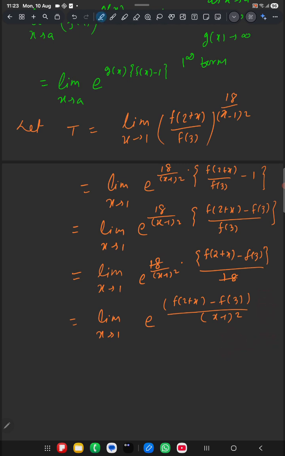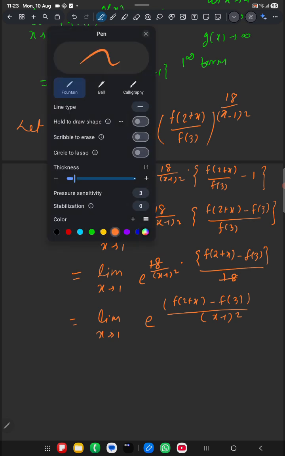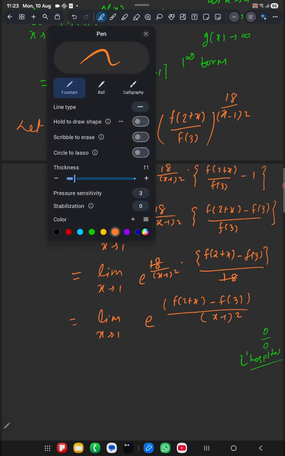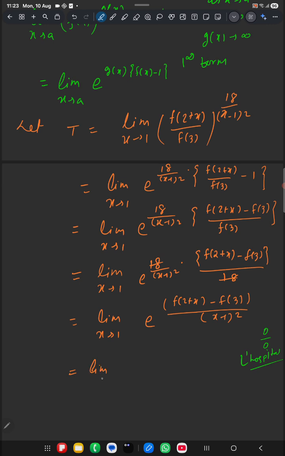So we will apply the L'Hopital rule. So it is equal to limit x tends to 1, e raised to the power f dash of 2 plus x, minus f of 3, which is 18, whose differentiation is 0, upon this will give you 2(x minus 1).